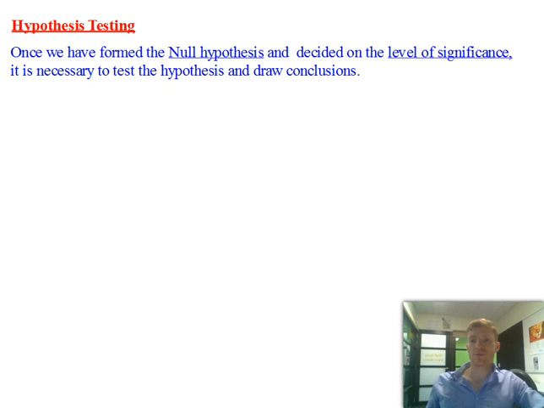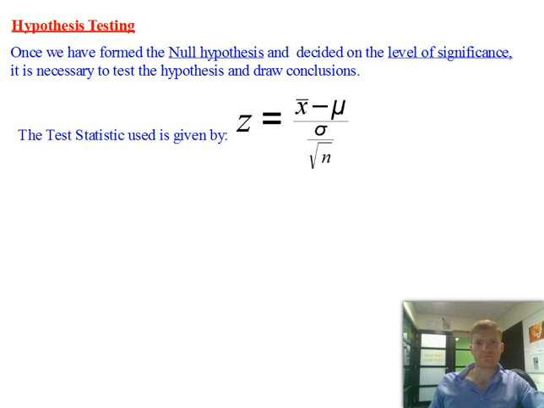So when it comes to the hypotheses testing, once we've formed the null hypothesis and we've decided on the level of significance, then we're going to now test the hypothesis using a test statistic. So the test statistic is given by this.